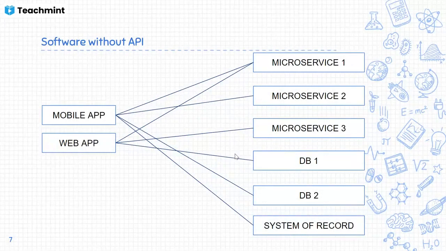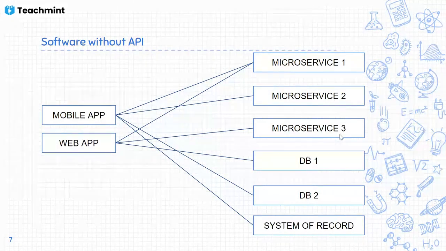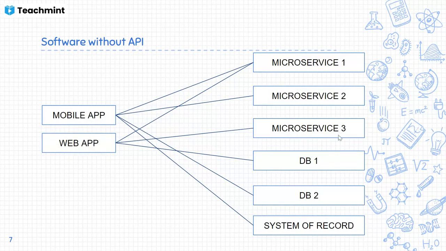Let's take a simple example. Assume that your developer is developing a mobile application, and to develop that he has to consume a lot of services. It's not that he can develop everything on his own. There are a few services which are already available, which he has to use, and there are a couple of databases which he has to connect to and show the data, and also a record management system which he has to connect to, right?